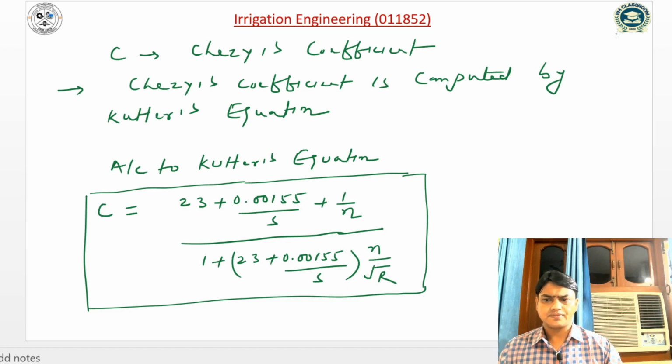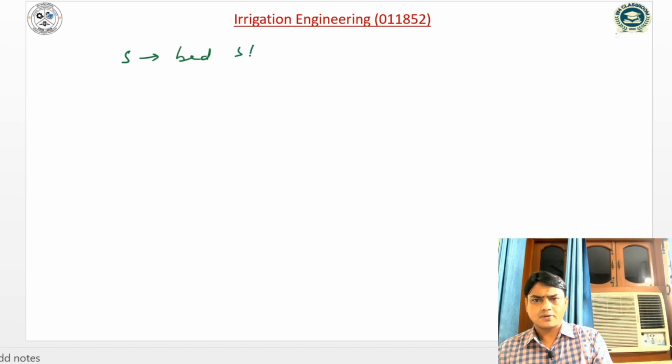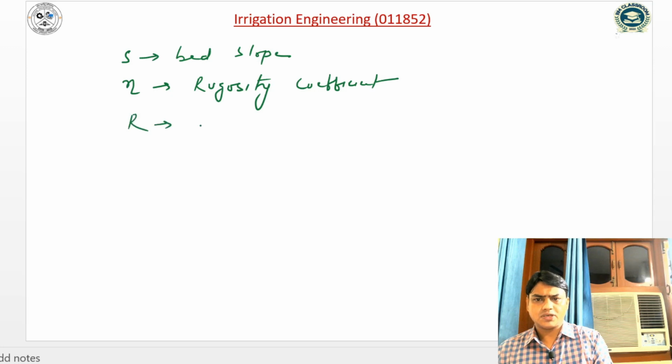So if I write the notation, S is the bed slope, N is the rugosity coefficient, and R is the hydraulic radius.